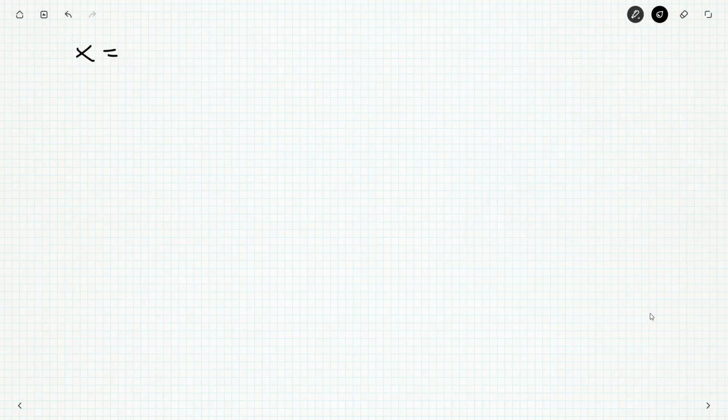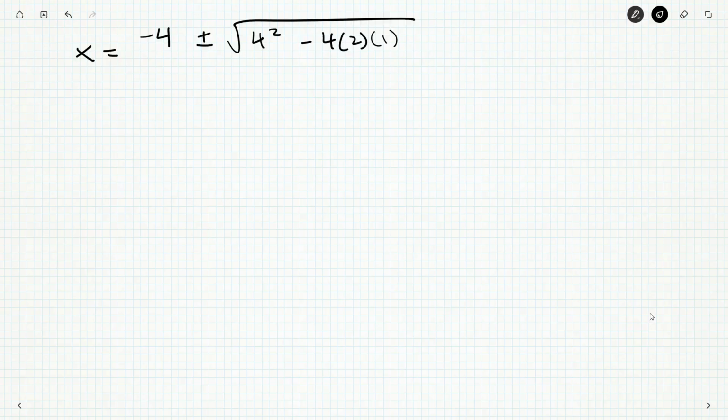So x is negative b plus or minus square root of b squared minus 4ac all over 2a. So it looks like it has a solution. It's just negative 4 plus or minus square root of 8.